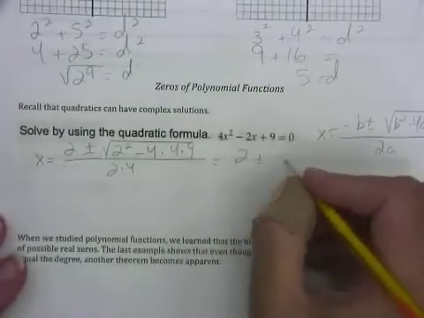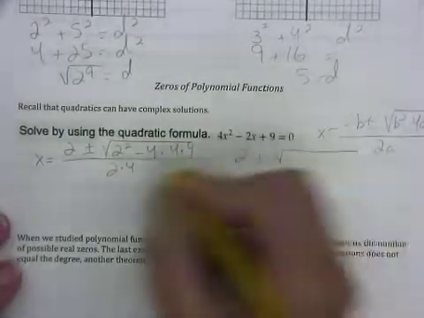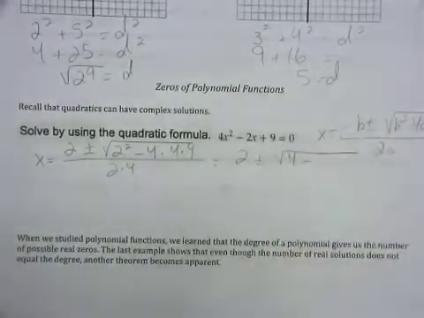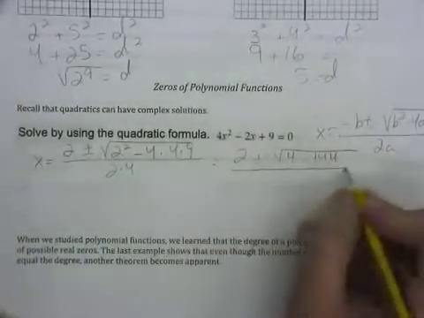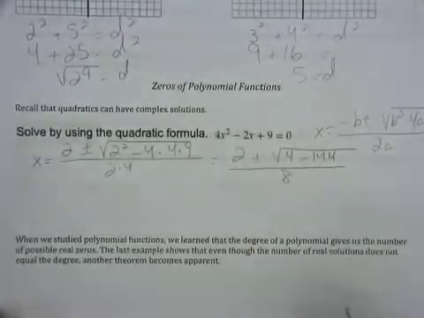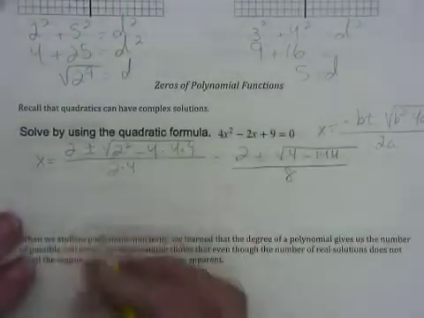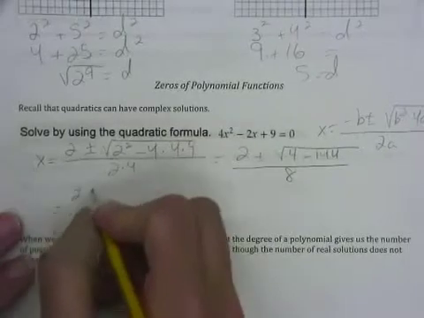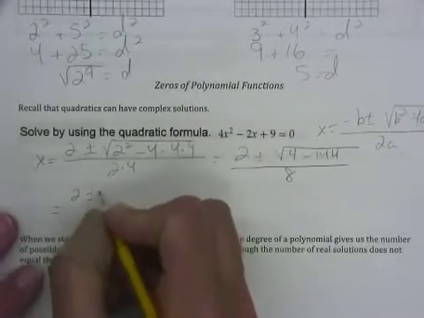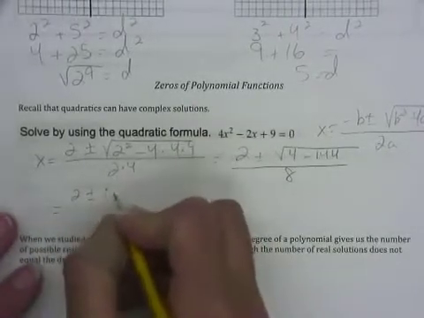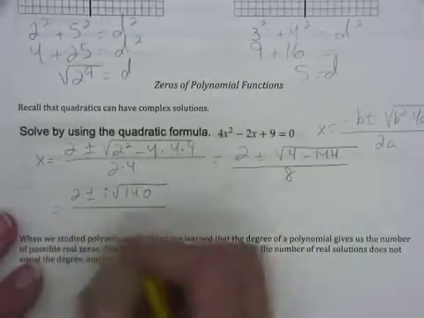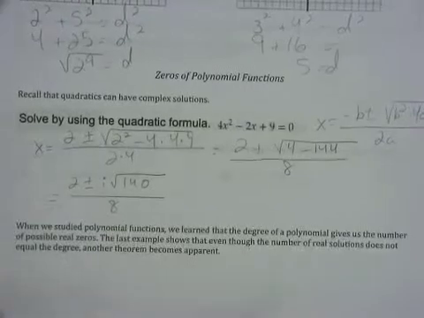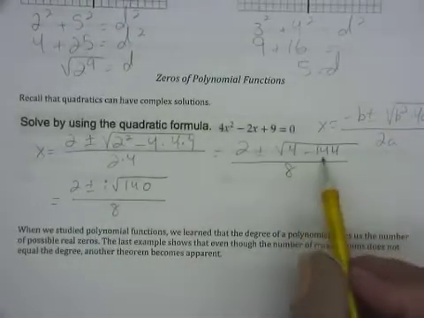So we simplify, and we get 2 plus or minus the square root of 4 minus 144 over 8. Continuing to simplify, we have 2 plus or minus i times the square root of 140 over 8.